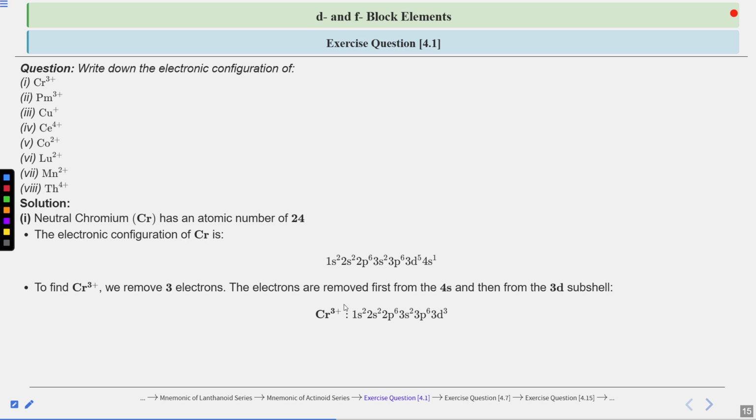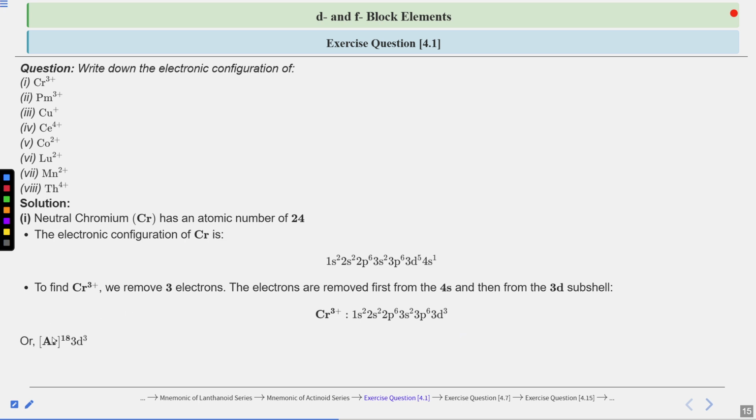So chromium 3 positive configuration will become 1s2, 2s2, 2p6, 3s2, 3p6. From 3d you have removed 2 electrons, so it will be 3d3. After removing 2 electrons from 5, we obtain 3 electrons here, and 1 electron is already removed from 4s. So 4s will not be here. So chromium 3 positive electronic configuration will be this.